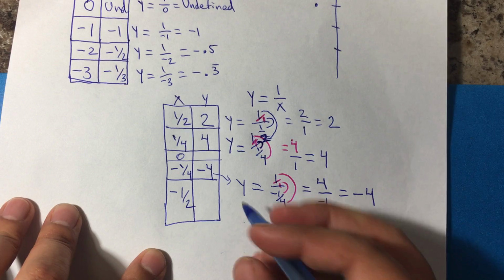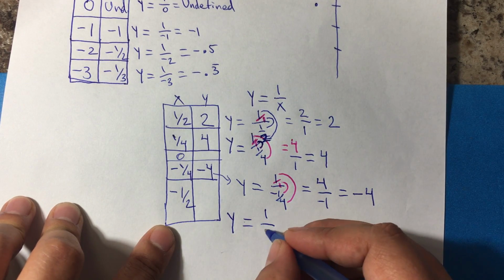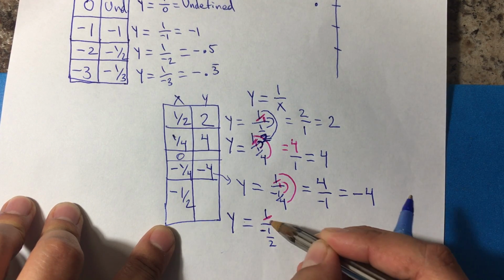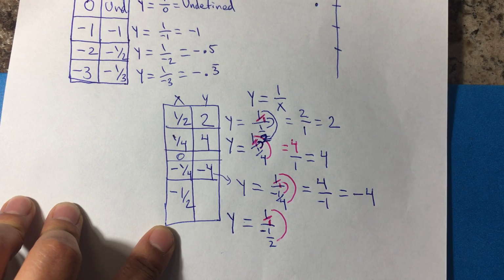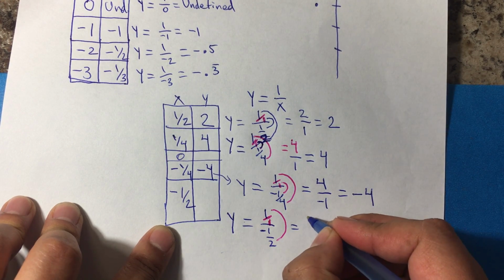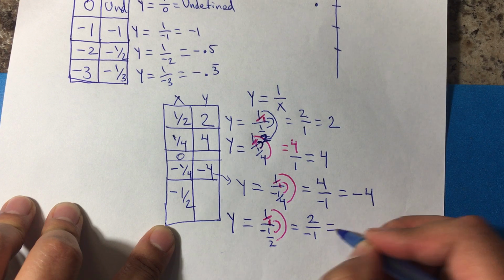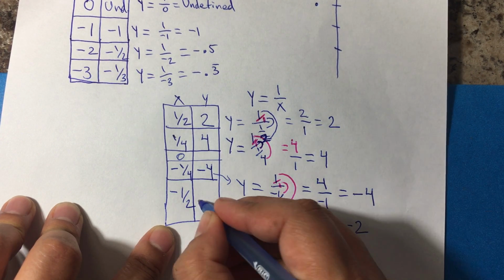And finally, y equals 1 divided by -1/2. Put the whole 1 over 1 to make it into a fraction. 1 times 2 is 2, and 1 times -1 is -1. And 2 divided by -1 is -2.